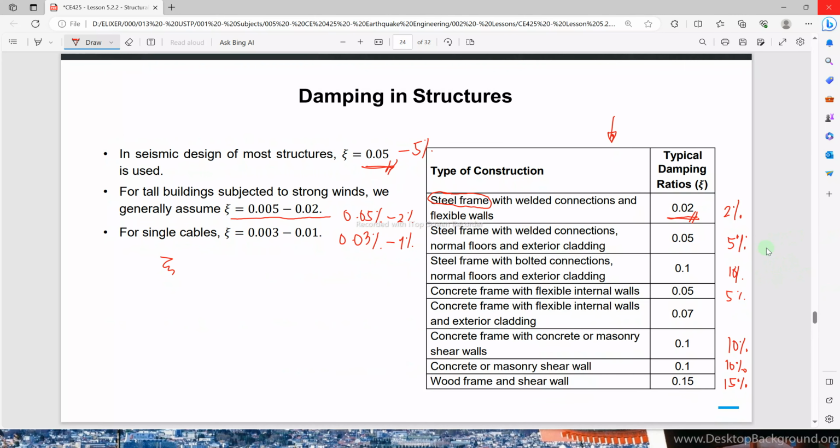Okay, so again, this is case 2B. Let's recall that we have three cases. This is case 2B, the underdamped vibration response, where the coefficient of damping is less than 2m omega.